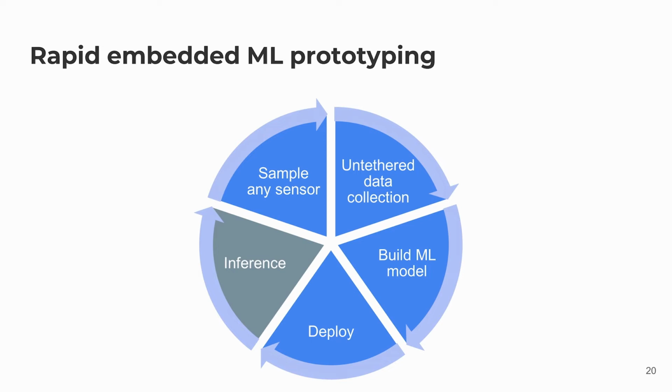And this is a circle because once you've done this once, you can collect more data, have it uploaded to the cloud, and build your ML model again, and this way you continuously improve upon your model until you have a model that you're happy with.